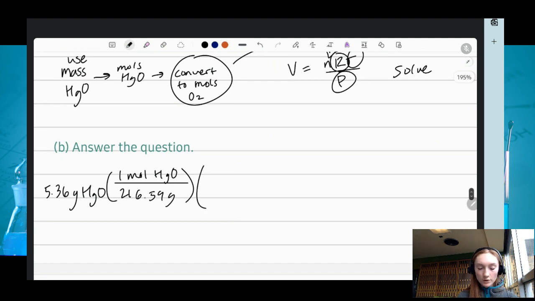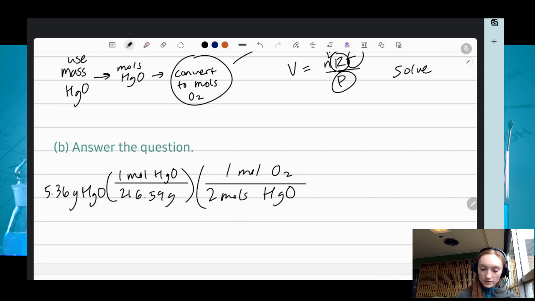And then for every 2 moles of HgO, we will produce 1 mole of O2 in the reaction. So solving that will give us 0.0123 73609 moles of O2. Awesome.